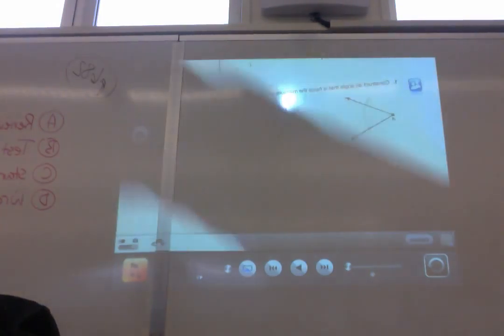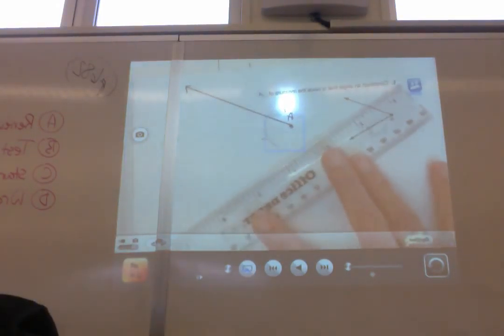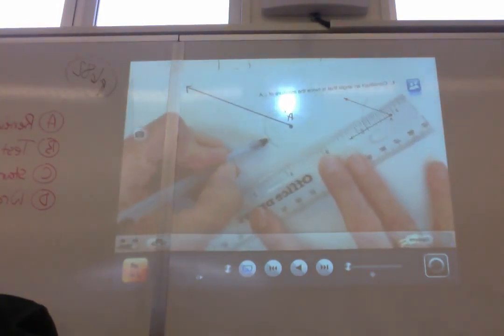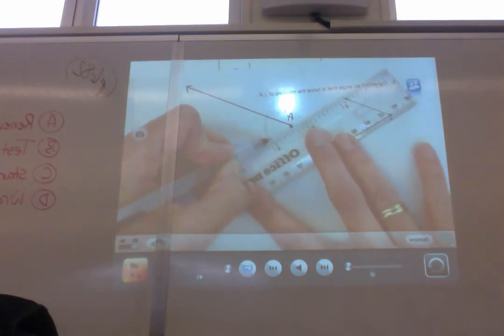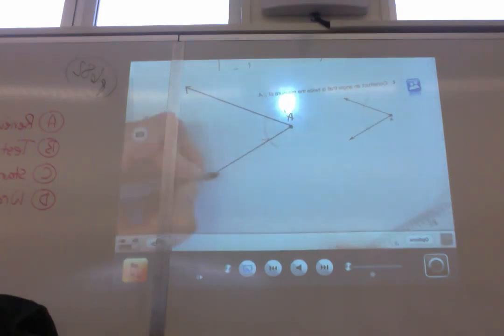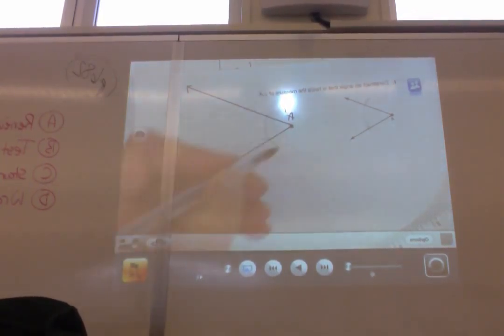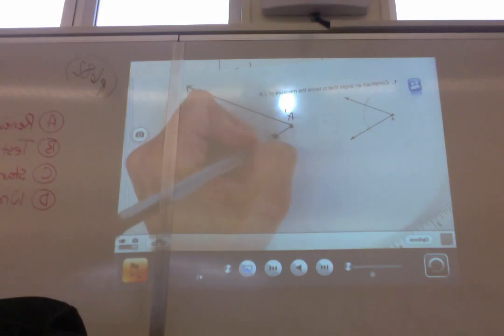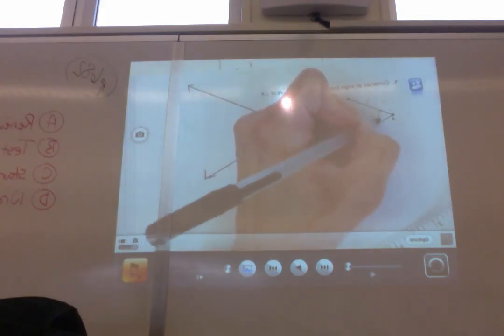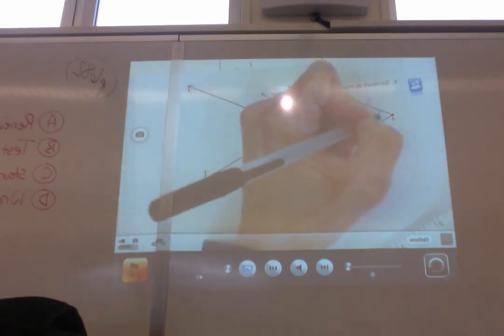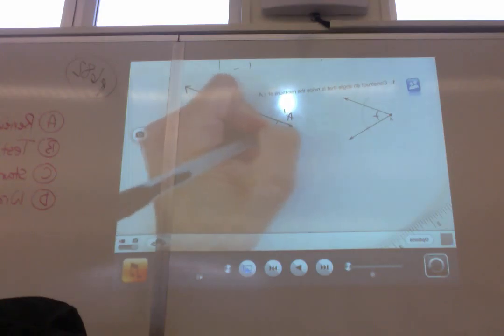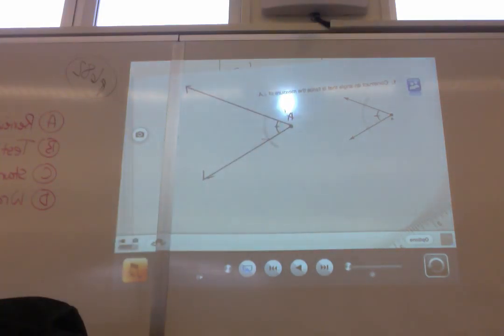Where they crisscross, you're going to go ahead and put your pen right here at the crisscross, line your ruler up and draw a line with the vertex of the angle. The angle measure should be the same, this angle and this angle, A and A prime.